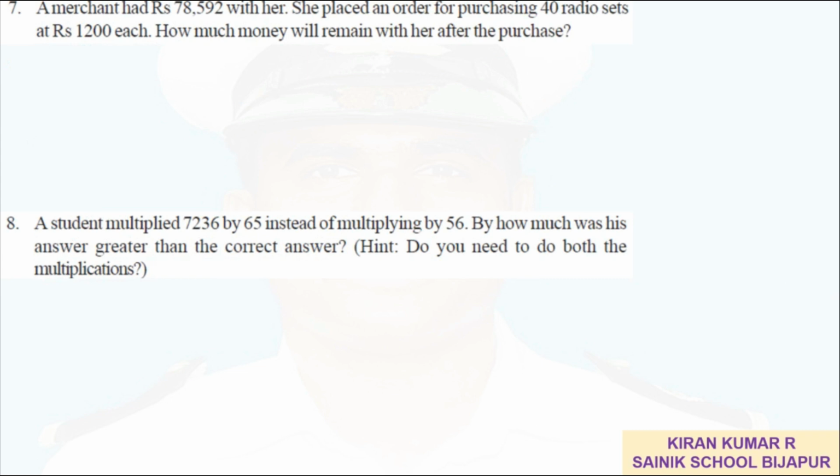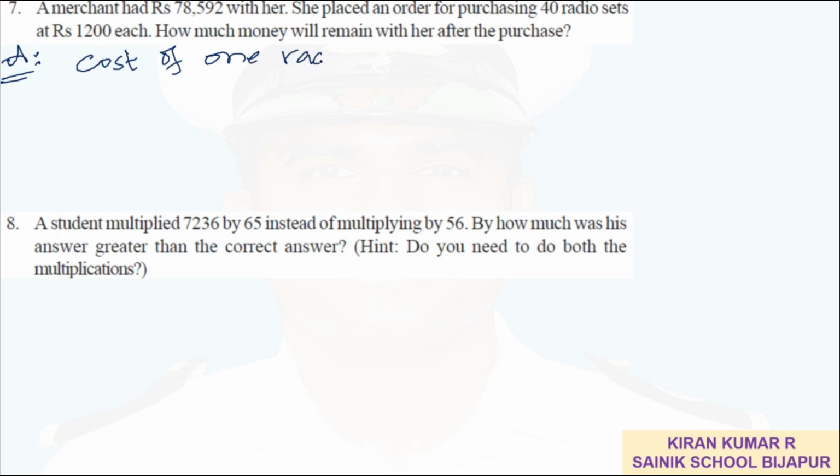Have a look at question 7. A merchant had rupees 78,592 with her. She placed an order for purchasing 40 radio sets at rupees 1,200 each. How much money will remain with her after the purchase? So we have to solve this in detail. They have given the cost of one radio.